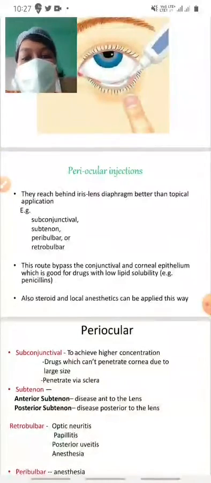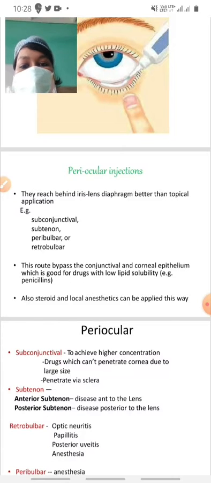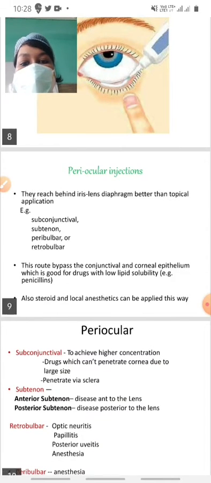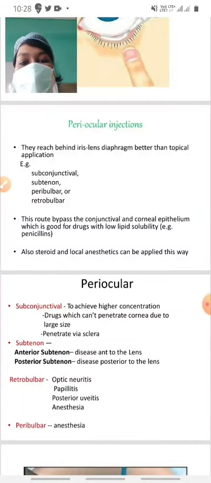Next, coming to the periocular injections. Here we are directly reaching behind the iris lens diaphragm, so the absorption will be better than the topical application. And like I had said, it can be given either subconjunctivally, subtenon, peribulbar or retrobulbar.